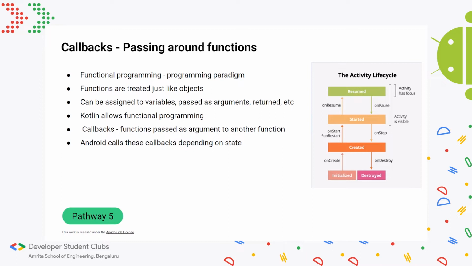Similarly, onCreate is something that's called right when the activity is brought into focus, and whatever code you write there gets executed. So we've been doing this for all of this course now. It's just that we haven't built any concrete concept around it, and now we have, so hopefully you have a better idea of what that function means.